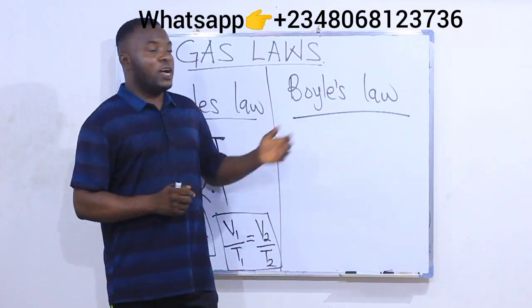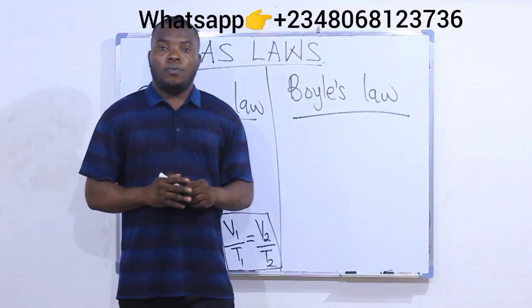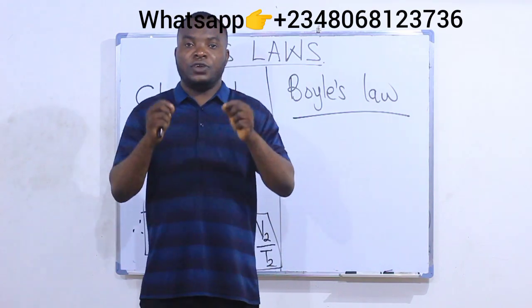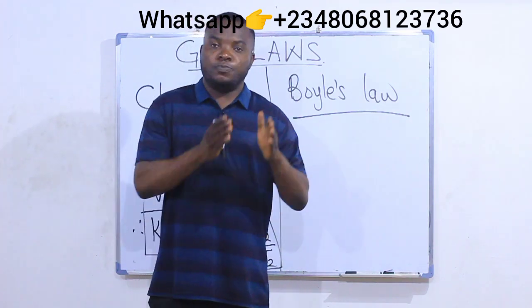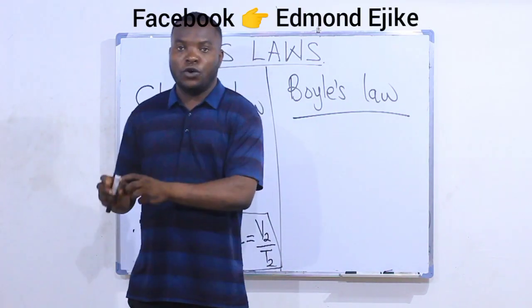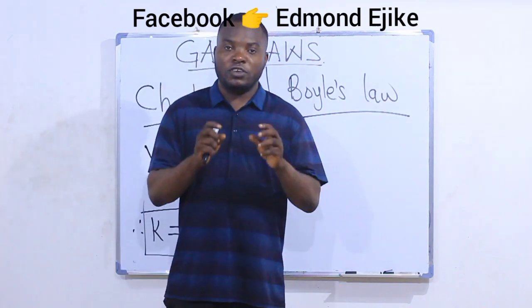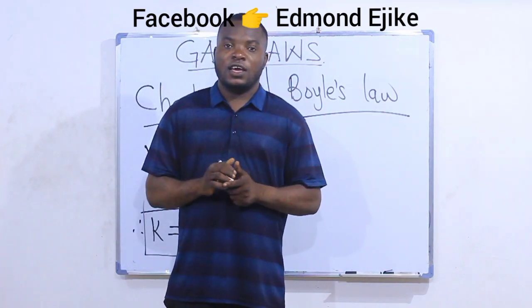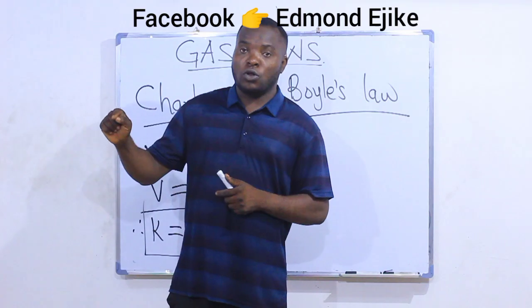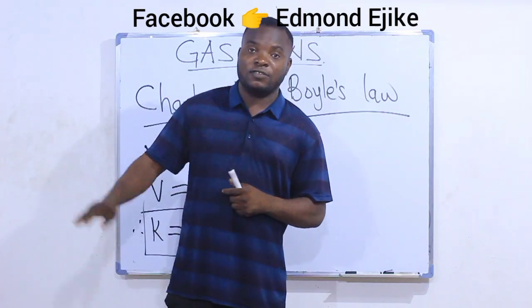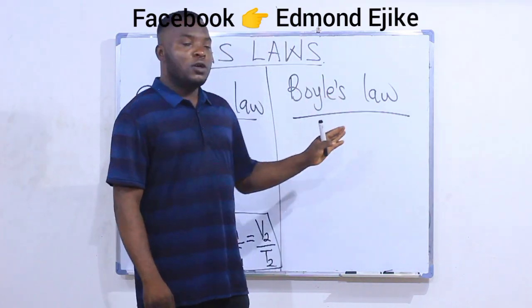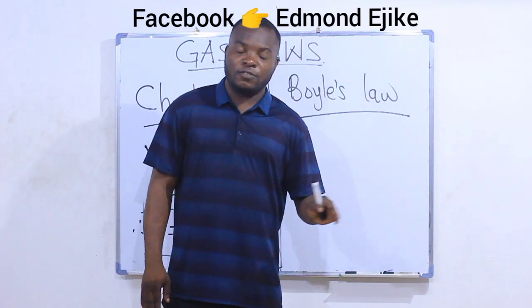Now let's take a look at Boyle's law. Boyle's law tells us the relationship between the pressure of a gas and its volume when the temperature is kept constant. Remember, in Charles' law, the pressure is kept constant, while in Boyle's law, the temperature is kept constant.